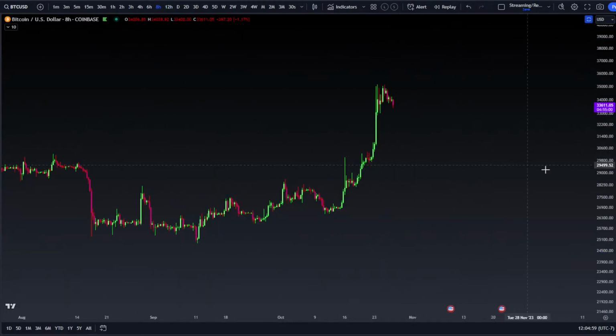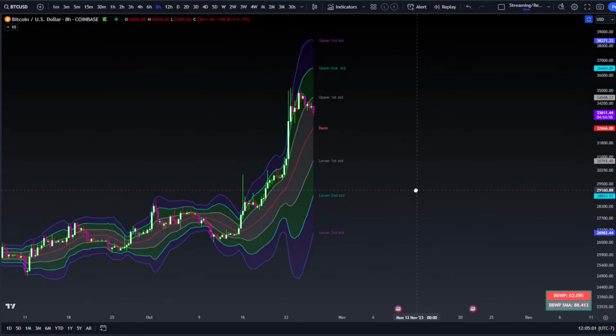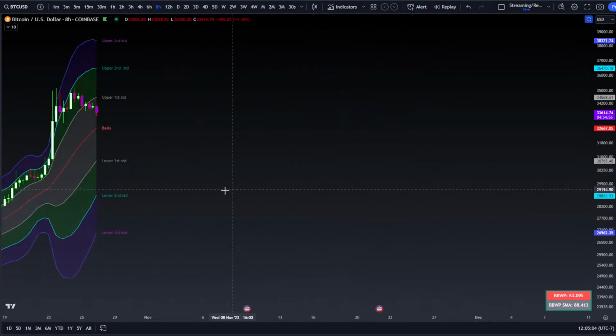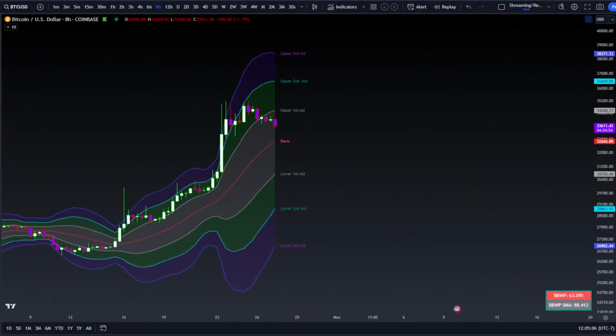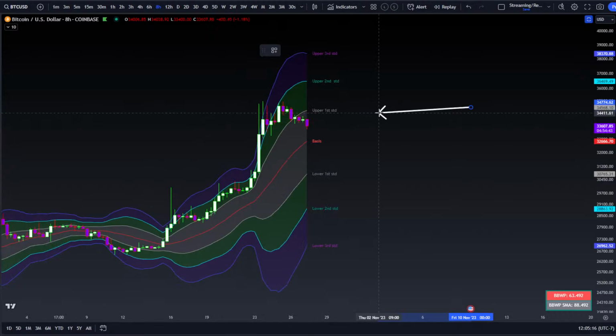8 hour. We're looking at the basis band moving up here on the 8 hour. We've got basis band at 32,666. Oh, well, that's not great. But if you're into numbers, if you're superstitious, the upper first is there at 34,560.